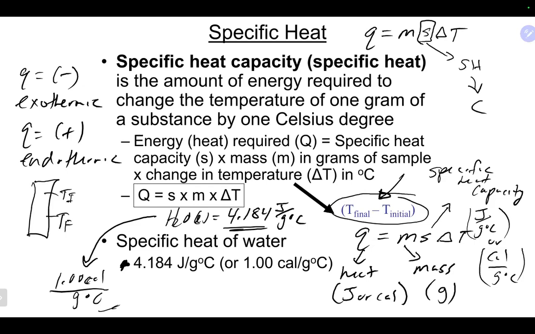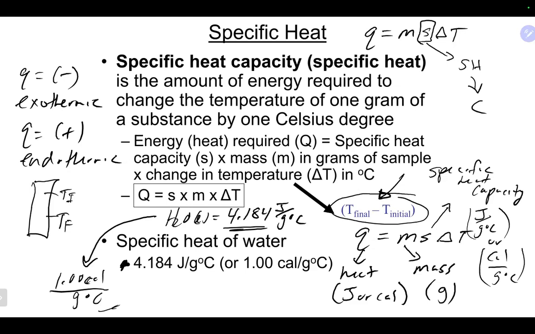So if you have something like liquid water, which has a relatively high specific heat capacity, it takes a lot of energy to change 1 gram of water by just 1 degree Celsius. As opposed to something with a very small specific heat capacity, where it doesn't take a lot of energy to change the temperature by 1 degree Celsius.